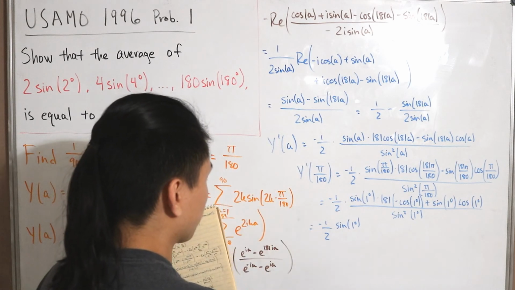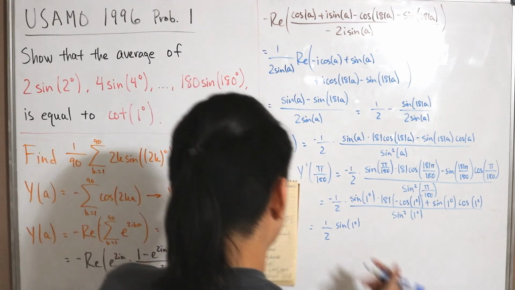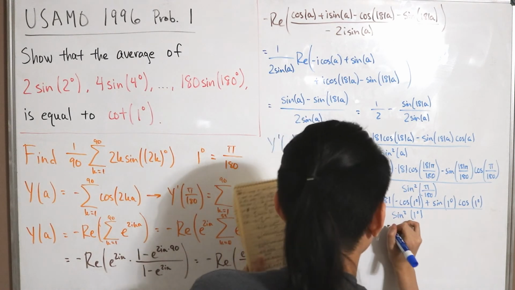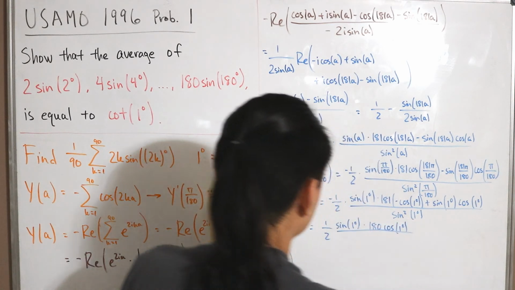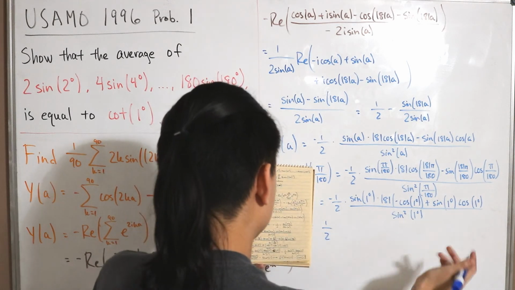But we also have a negative over here, so I'll distribute that negative. That puts it into a positive, and so that will give us 180 times cosine of 1 degree. Then down below is still going to be divided by sine squared of 1 degree.